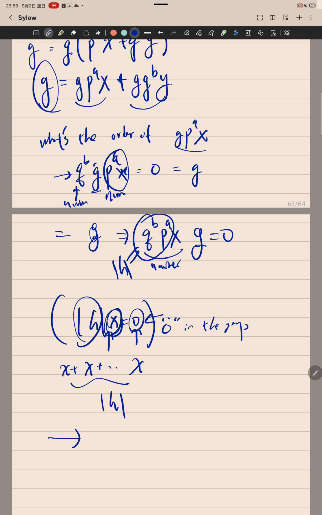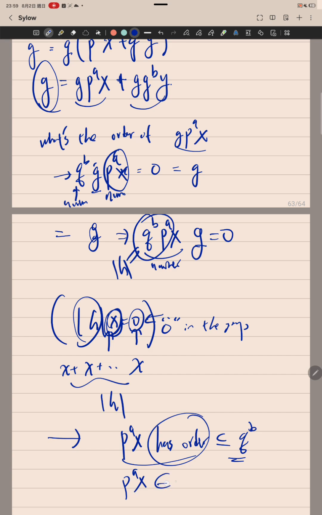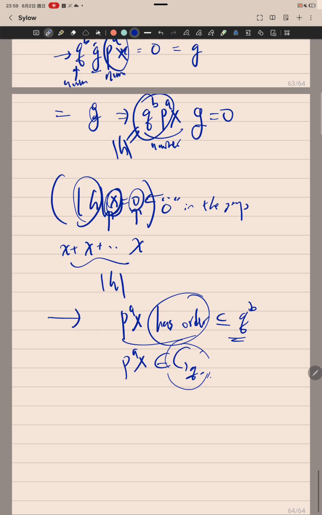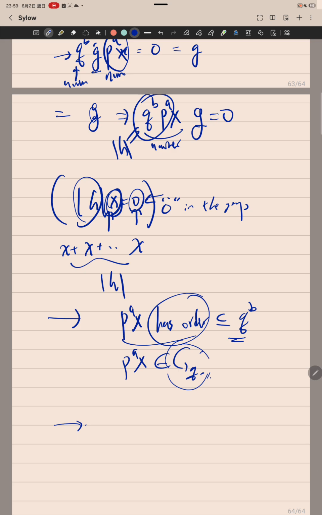So this shows that P to the A x g has order dividing Q to the B, so its order must be a factor of Q to the B. So P to the A x g is basically inside GP2, the Q part.